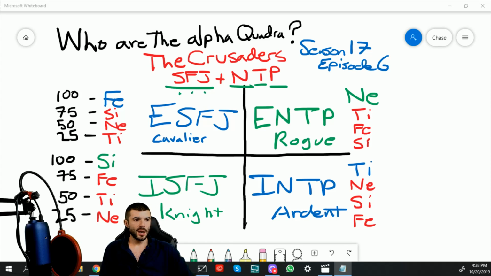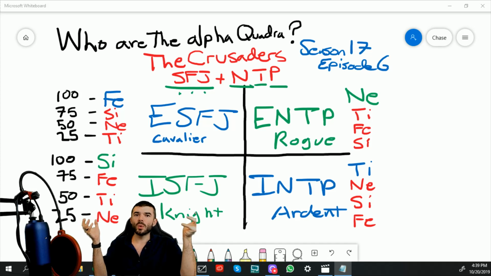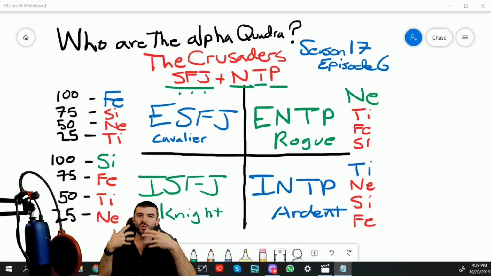So anyway, welcome to the Alpha Quadra, aka the Crusaders. And what is the Alpha Quadra and their purpose? Well, basically, the Alpha Quadra is where you have knowledge and endurance and perseverance. It's where they meet. Another way to look at this is like, it's where faith and truth combine to create justice, basically, or fairness.